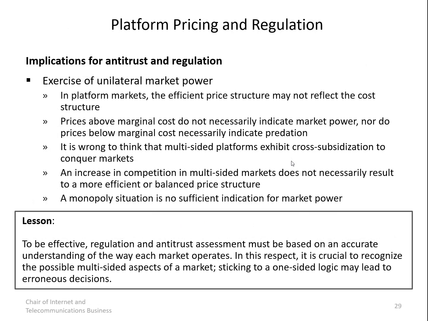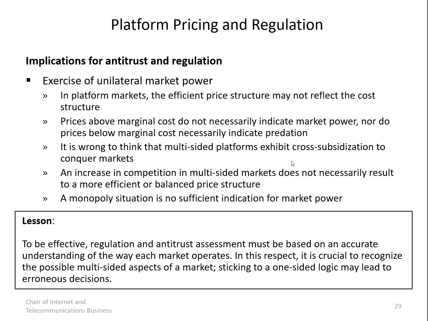Next, we try to understand something on platform pricing and regulation. So this also has implications for antitrust and regulation. First, let's discuss what is the exercise of unilateral market power. In platform markets, efficient price structure may not reflect the cost structure. Prices above marginal cost do not necessarily indicate market power, nor do prices below marginal cost necessarily indicate predation.